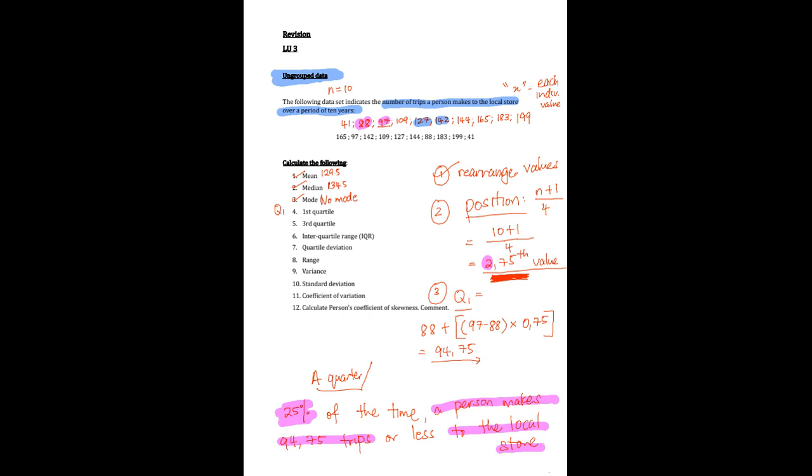Okay, then you have your Q3. The same steps are involved in your Q3. The first step is to rearrange your values, but we have already done this, so we're not going to worry about that. The next step is to calculate the position.